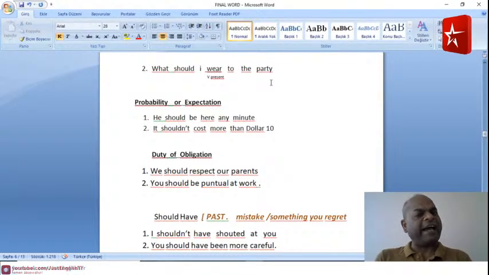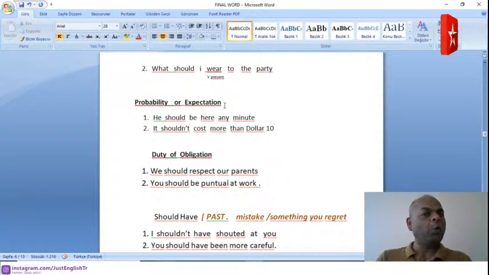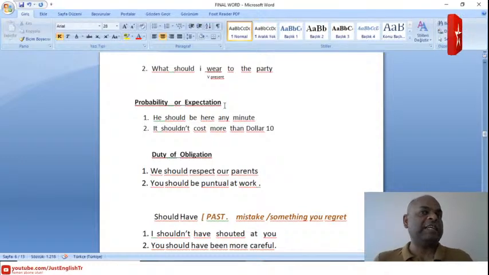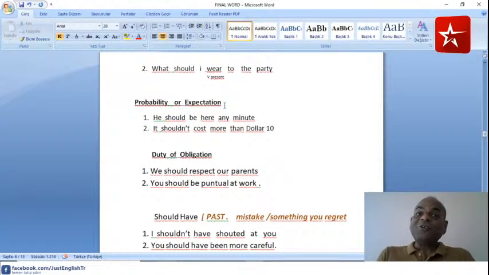Now when you say that, remember your verb I've underlined here is always in the present. Don't forget that it's always in the present. So generally, we're asking here, what should I wear to the party? Now, that means what? You're trying to get someone's advice or an opinion. All right? Good.